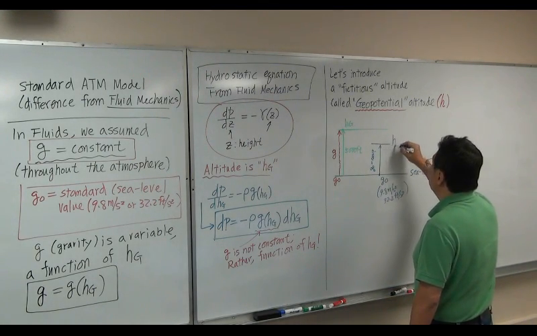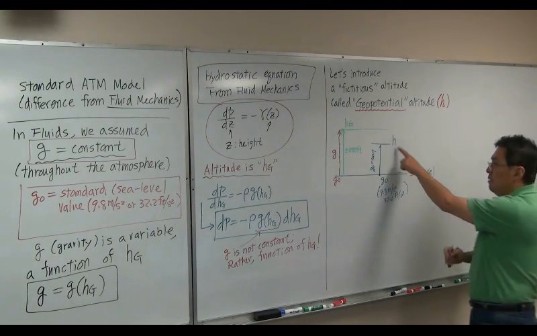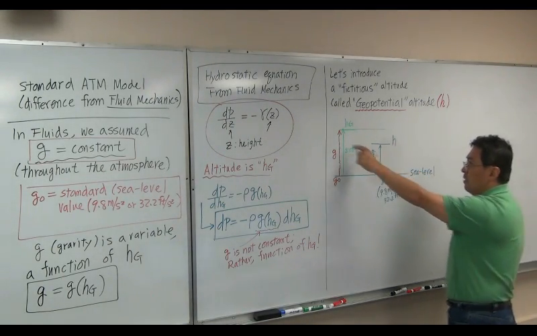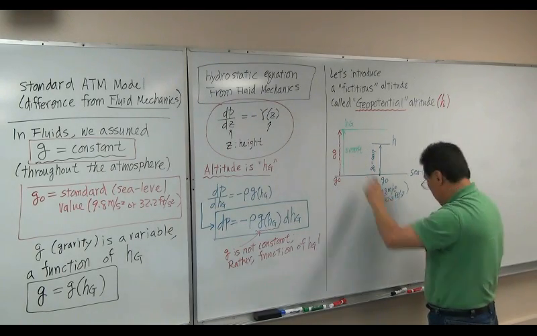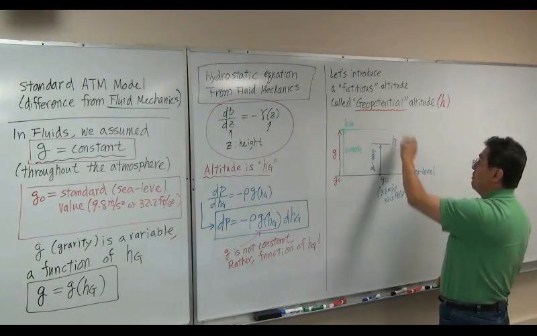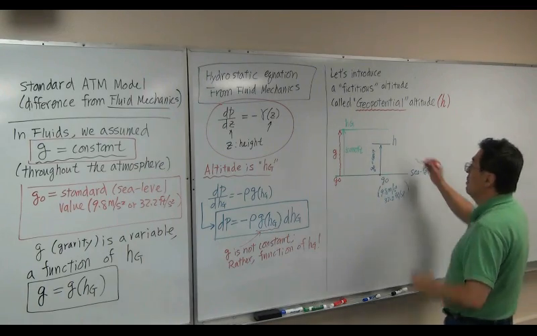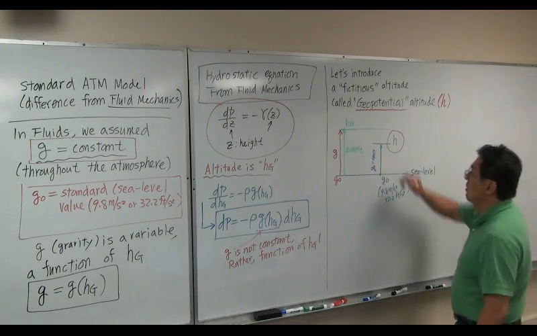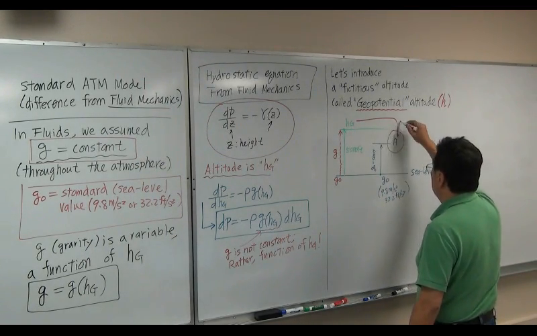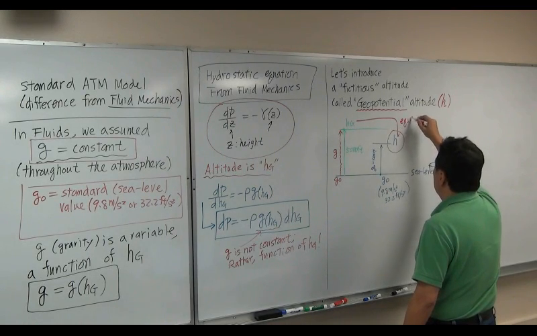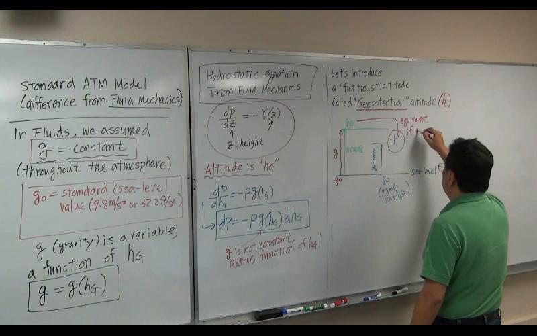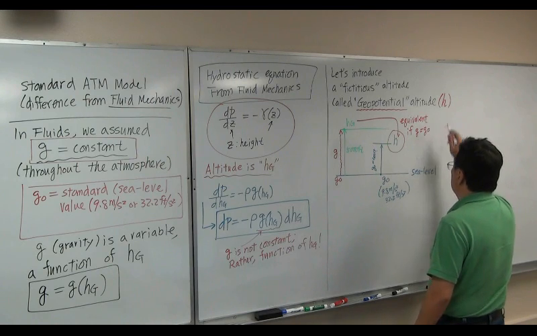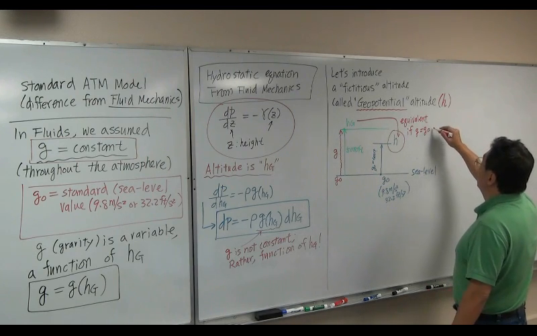What is the equivalent altitude of this 5,000 feet? That is called geopotential altitude. Equivalent, if g equals g0 throughout.